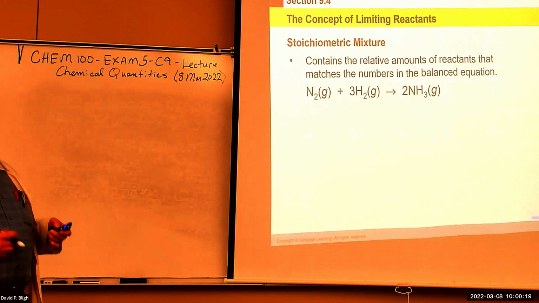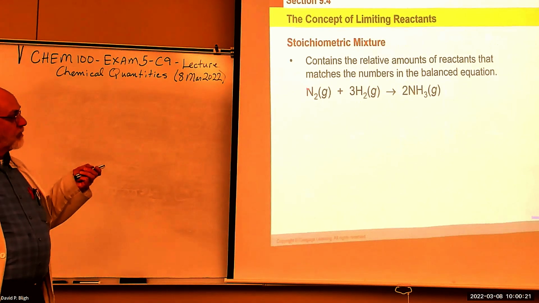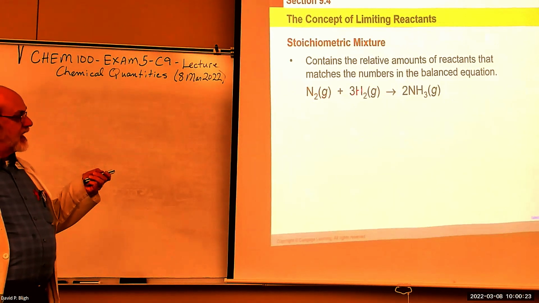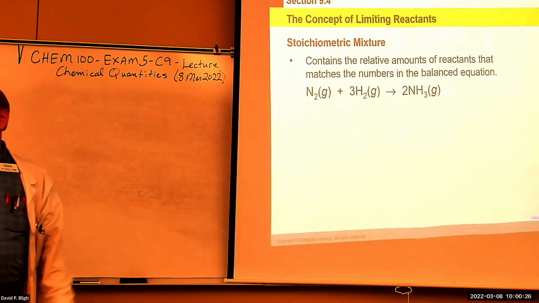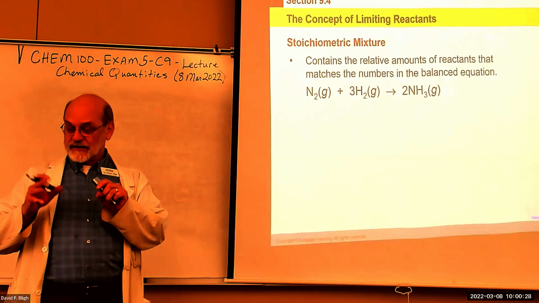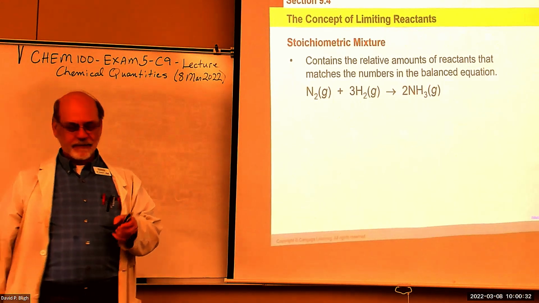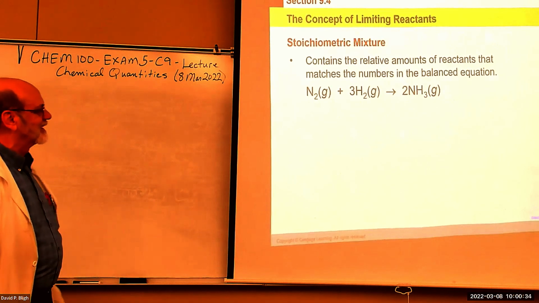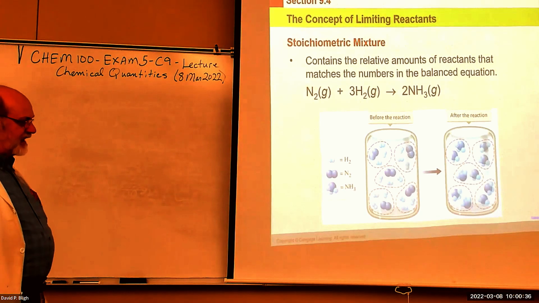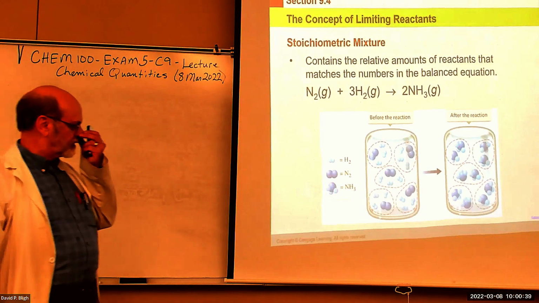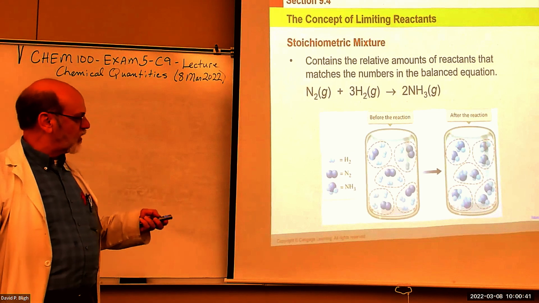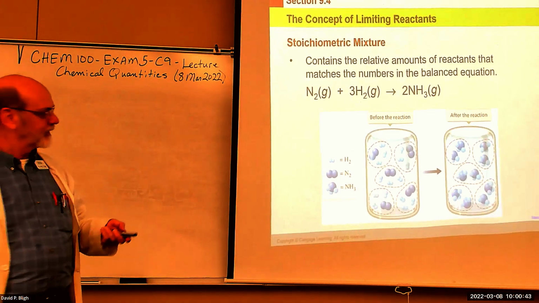So the stoichiometric mixture here would be what? 1 mole of nitrogen gas and 3 moles of hydrogen gas. If that were the case, theoretically, you would produce 2 moles of ammonia. Okay? And this is what it would look like if we could get down really small and watch the molecules move around.